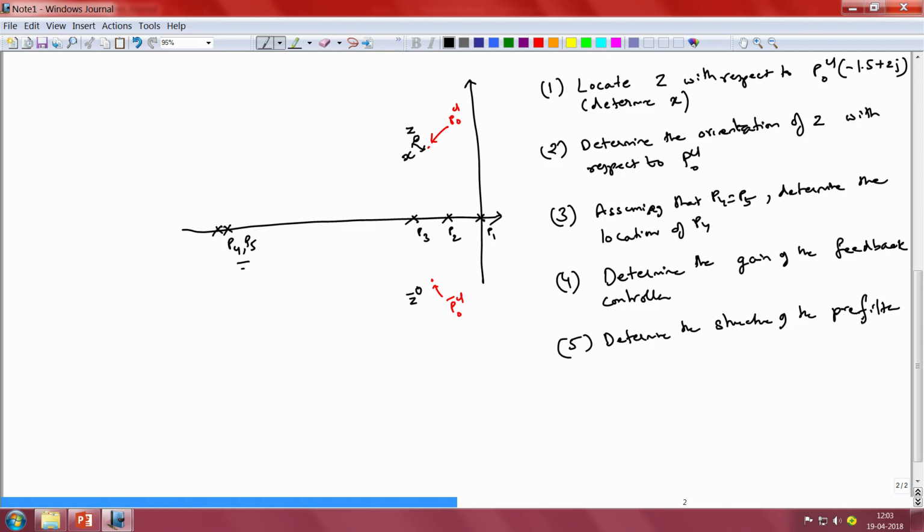Now among these different steps, we note that in order to determine the distance of the 0 z from the point PCL naught, or equivalently to determine the distance x, we need to know exactly how the closed loop pole PCL wanders about when the plant's parameter changes. In this case, the plant's parameter is its pole location.